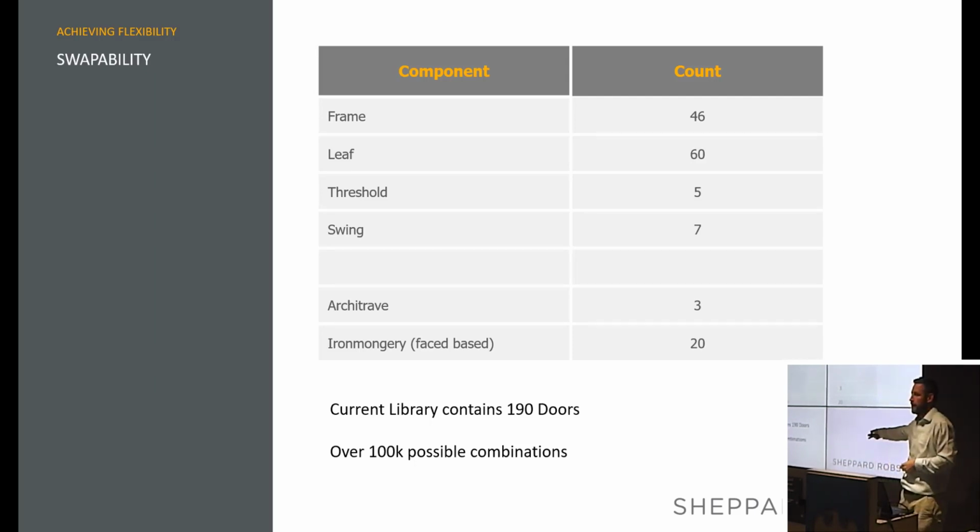That's not even before you get into the actual types of the sizes and stuff. And then our library currently consists of 190 different types, like curtain wall and external, internal, wall-based. So we're quite a bit short of the 100,000 there, but to be honest, that's enough for the majority of instances that we use, and any bespoke ones people can just build on their own projects.